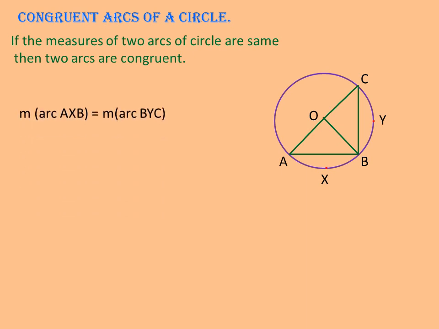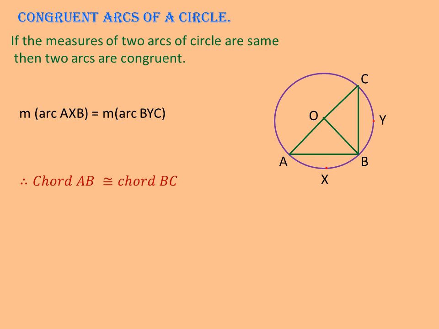We can here say arc AXB equals arc BYC. Why? Because each is measuring, chord AB is congruent to chord AC.